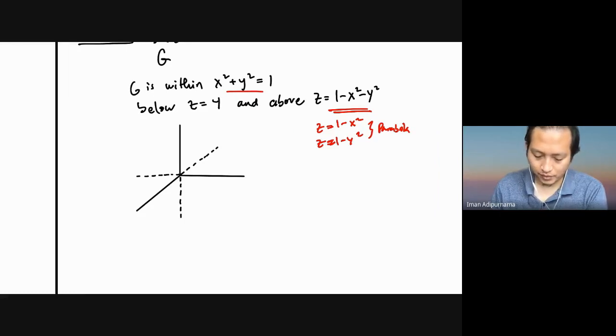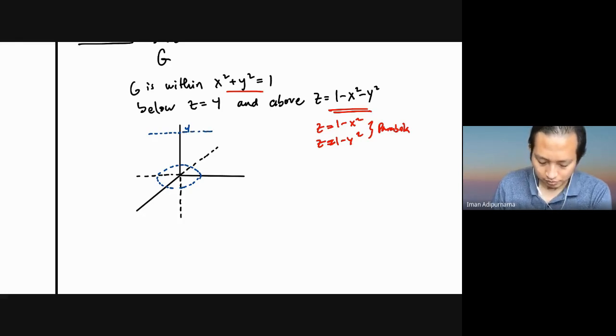The first is the cylinder. I will draw the cylinder here, and maybe if this is 4 here, this will be the boundary. So I will take this cylinder. Okay, so that's our cylinder, and then the other surface, like that.